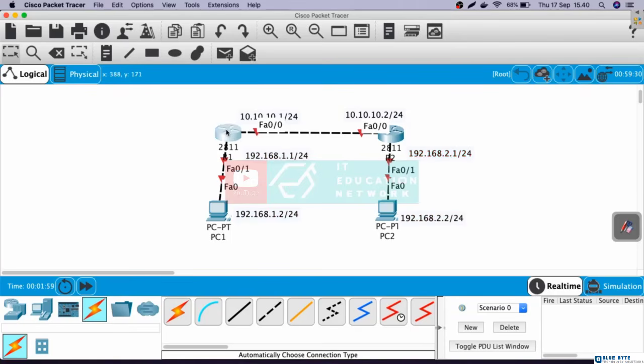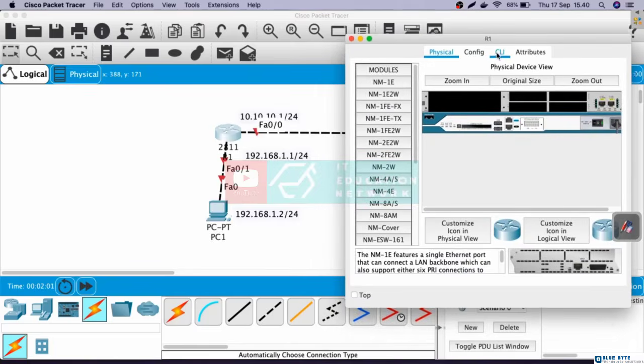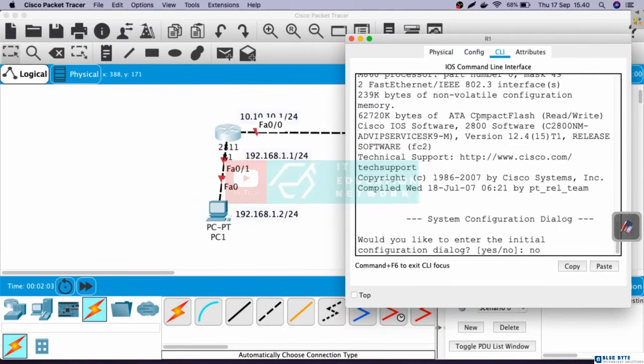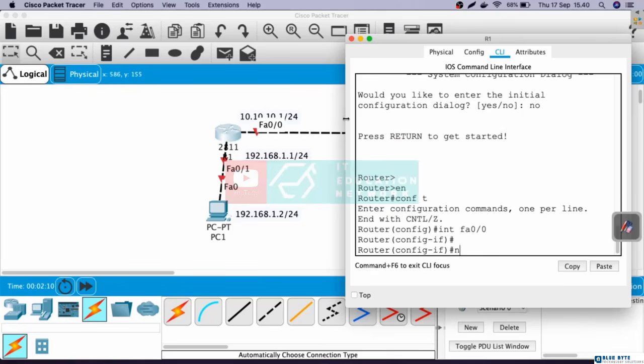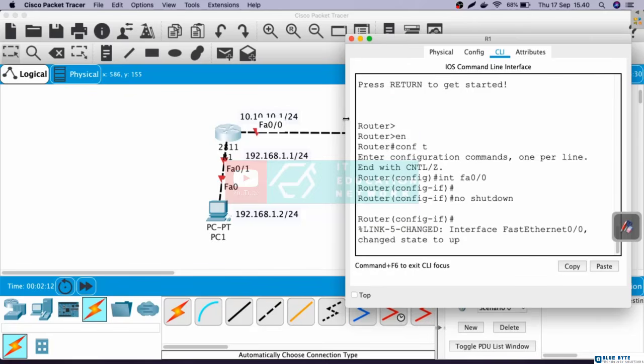Let's start with router 1. Now, enable, configure terminal. Let's start with FastEthernet 0/0. So, interface FastEthernet 0/0, no shutdown.